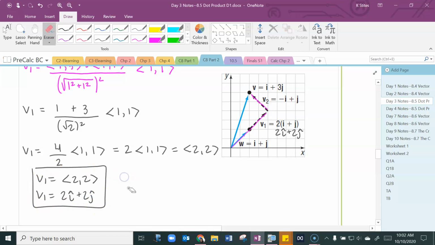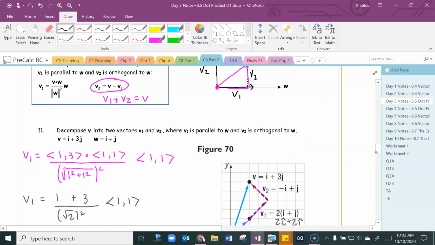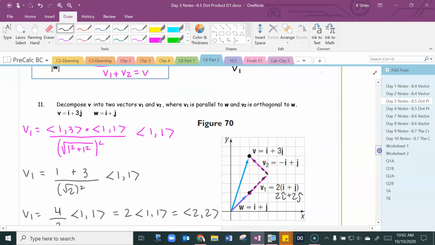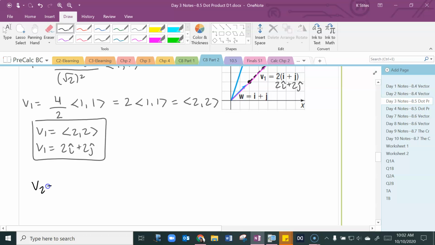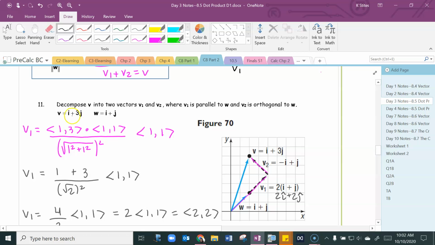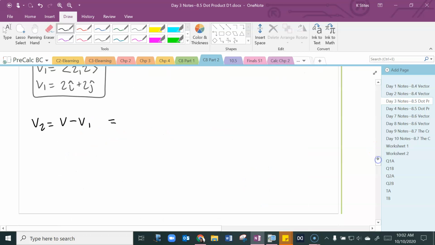Now we are going to find V2. V2 is V minus V1. Write that out. And we just found V1. So V is <1, 3> minus V1, which is <2, 2>.